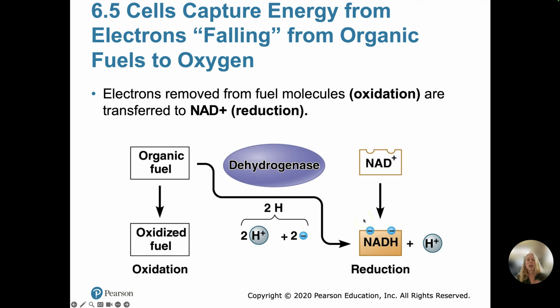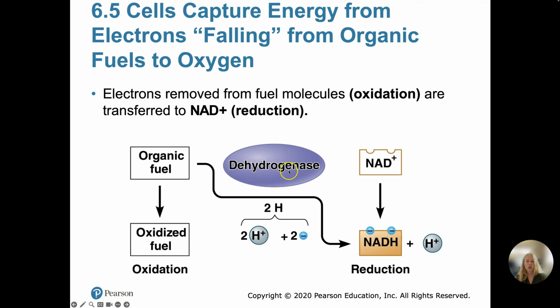We know that oxidation is loss, so this means our organic fuel was oxidized. The electron carrier over here, NAD+, is going to take those 2 electrons, so it will be reduced. Reduction is gain. It gained 2 electrons. NAD+ will be reduced to NADH and carry those electrons.